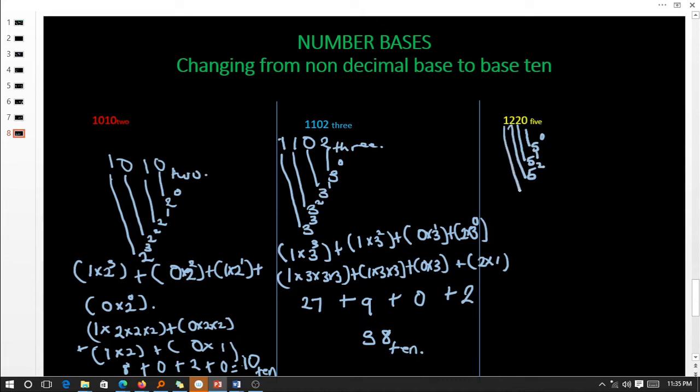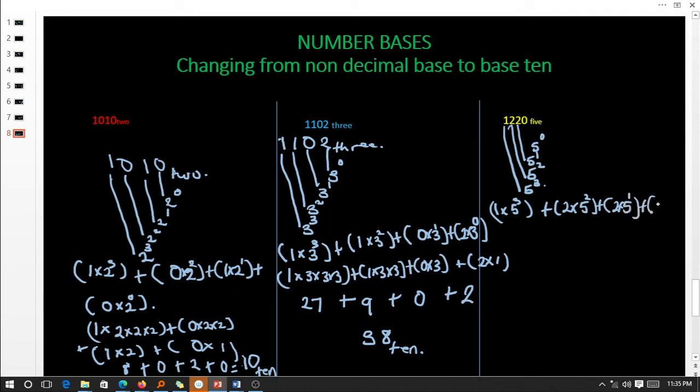Then this one is going to be 5 power 3. Then after giving them the powers, we are going to expand. That is 1 times 5 power 3. Then plus 2 times 5 power 2. Then plus 2 times 5 power 1.